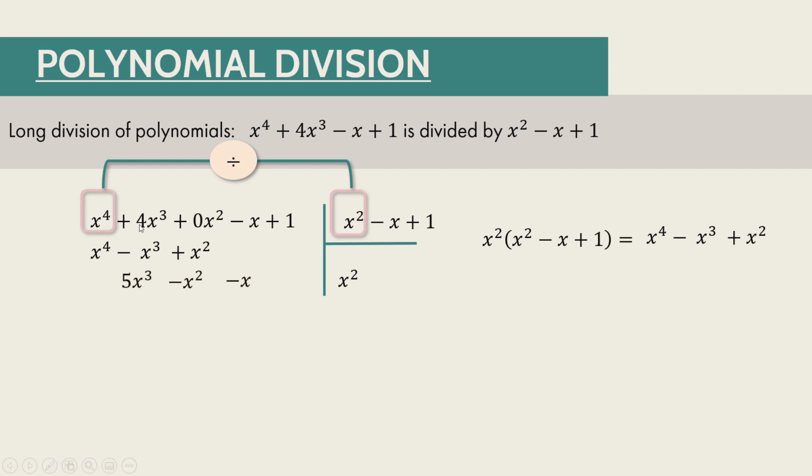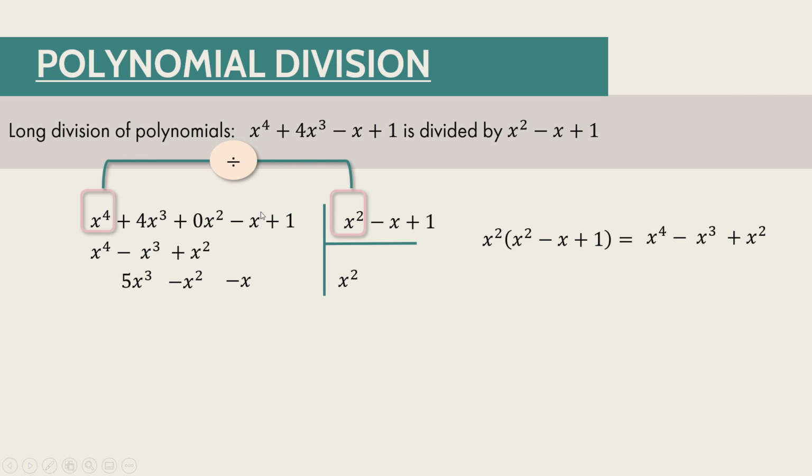We have 4x to the power of 3 minus negative x to the power of 3, and the result should be 5x to the power of 3. We have 0x squared minus x squared, so the answer is negative x squared.